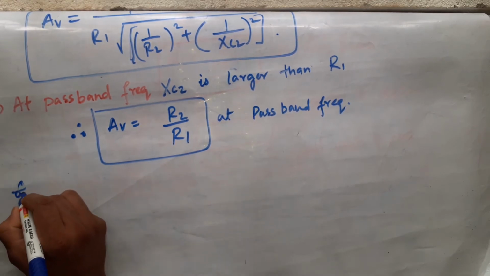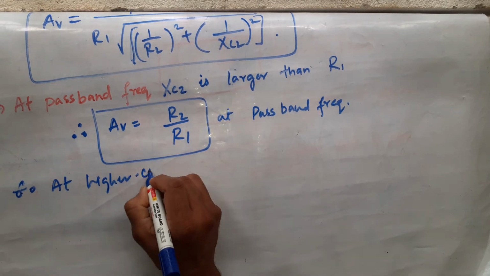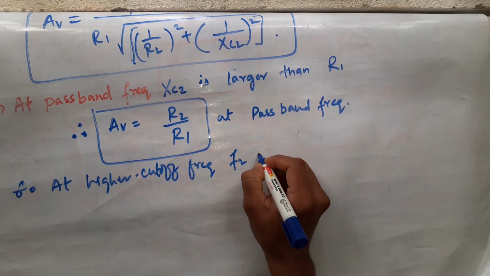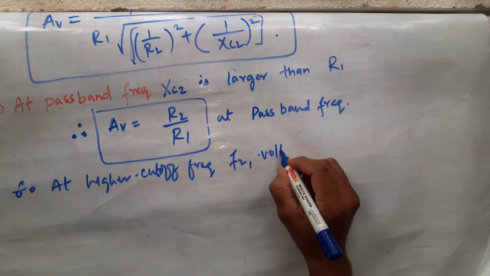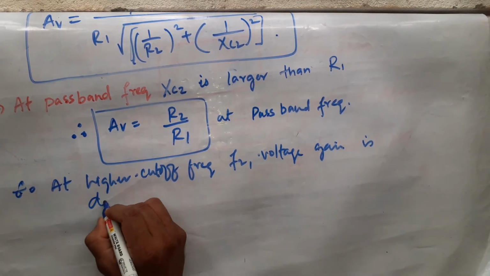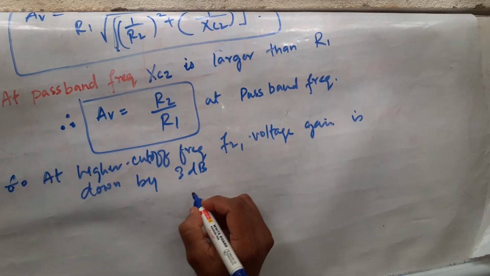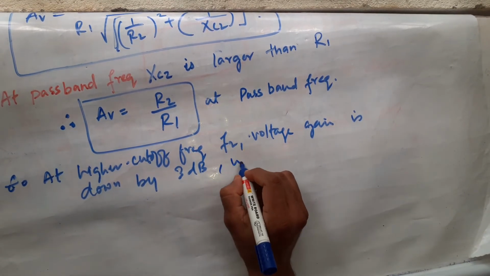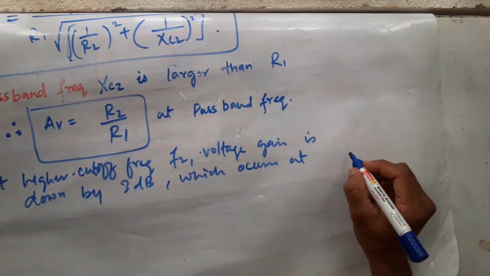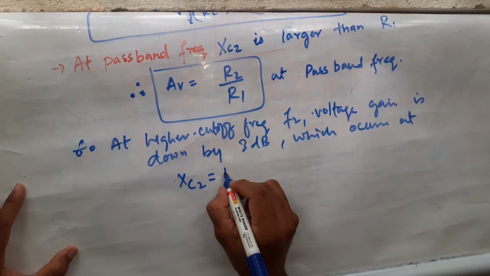Therefore, at higher cutoff frequency, which is F2, voltage gain is down by minus 3 dB, which occurs at XC2 equal to R2.